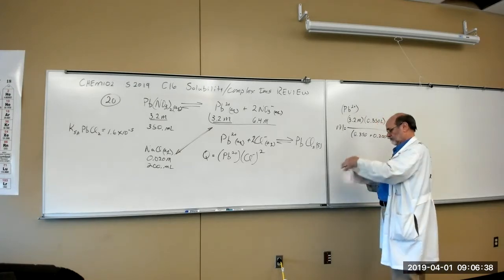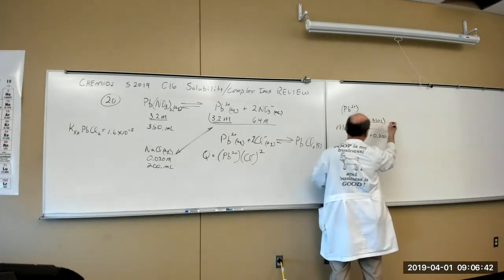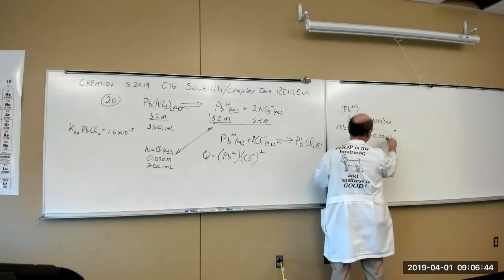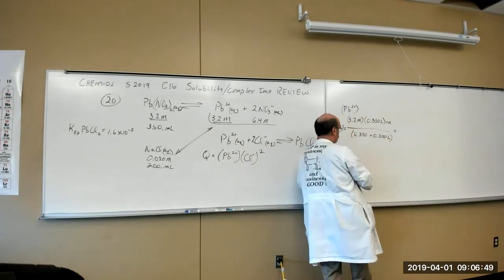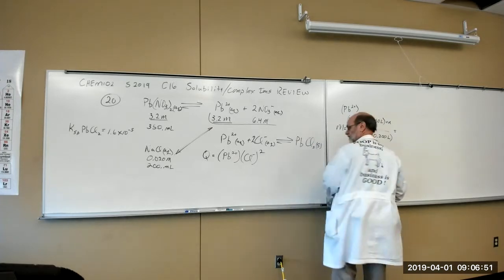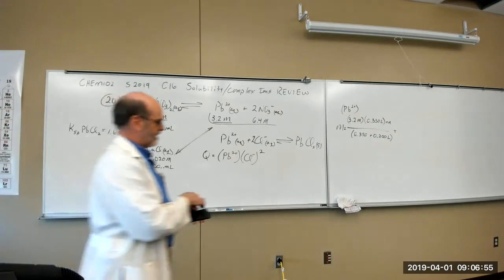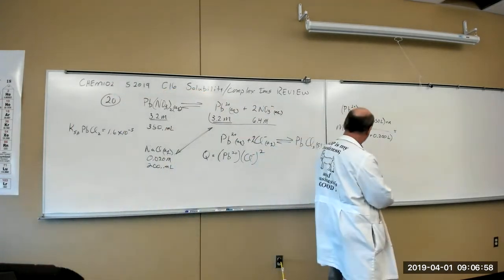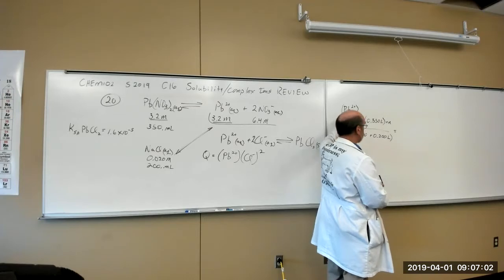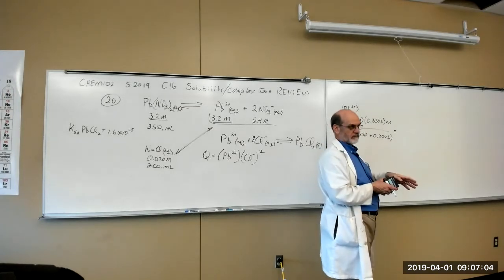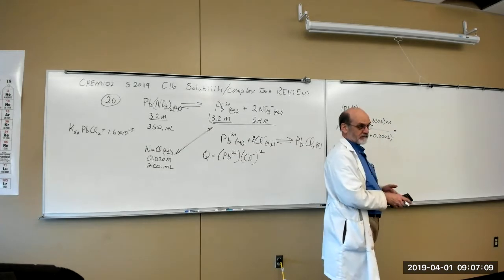Moles per liter is molarity. So when you take moles per total volume, that equals molarity, the ion concentration of lead before the reaction, because lead is going to react with chloride.